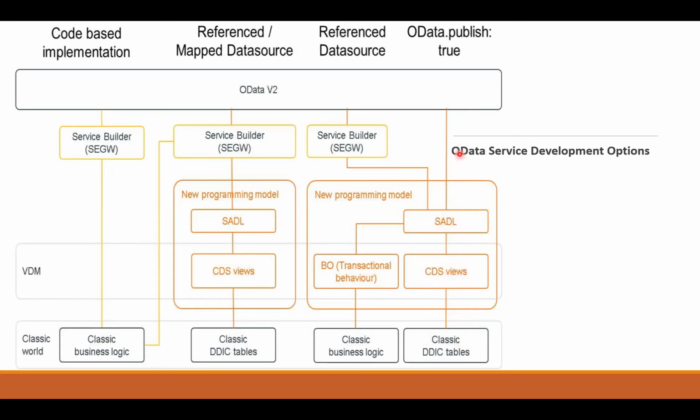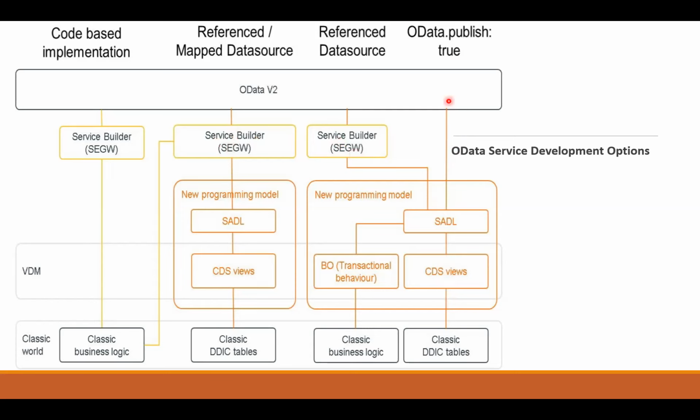But if you see here, we are not taking help of SGW in this case. If we use OData.publish, it's going to be an annotation which we will look at in the CDS views when we enter into CDS views. So by doing this way, we are not going to take help of SGW.